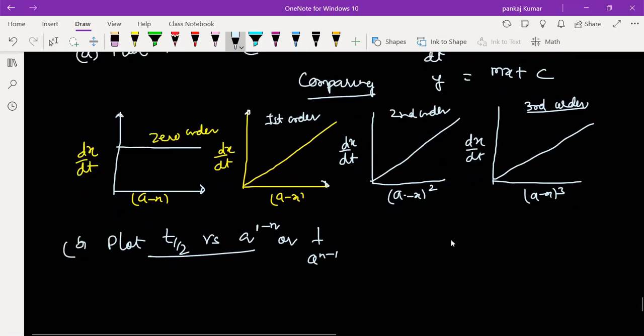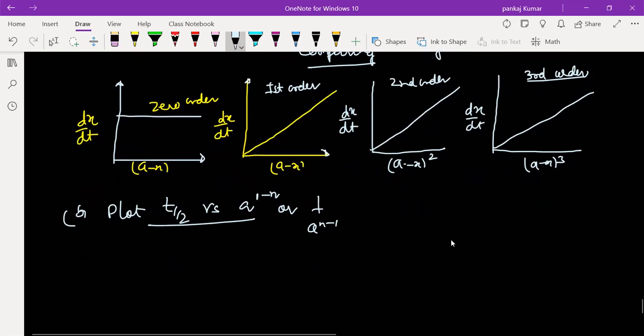In this way, first you copy them because we have to draw the graph of all.